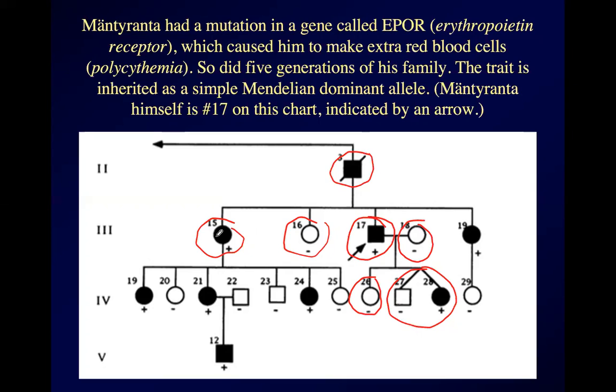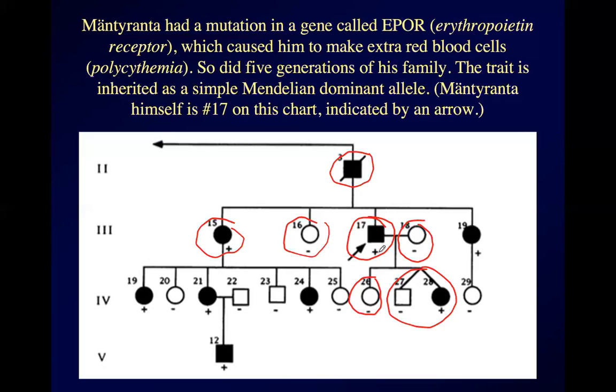And the plus or the minus right there represents whether the person has this EPOR mutation. People with this mutation make extra red blood cells, and that means their blood is able to carry more oxygen.